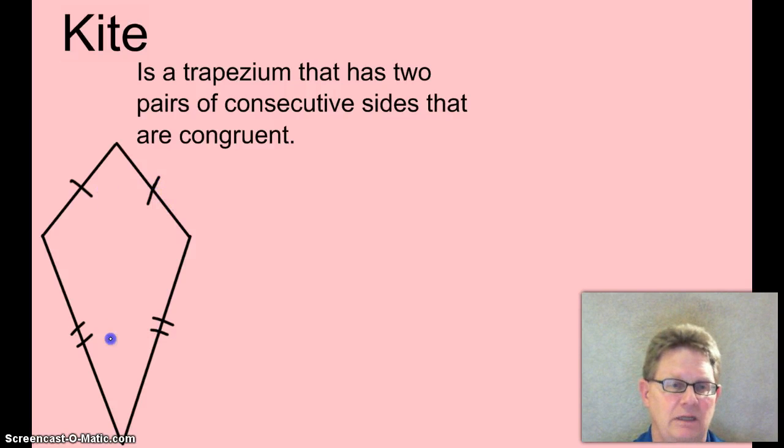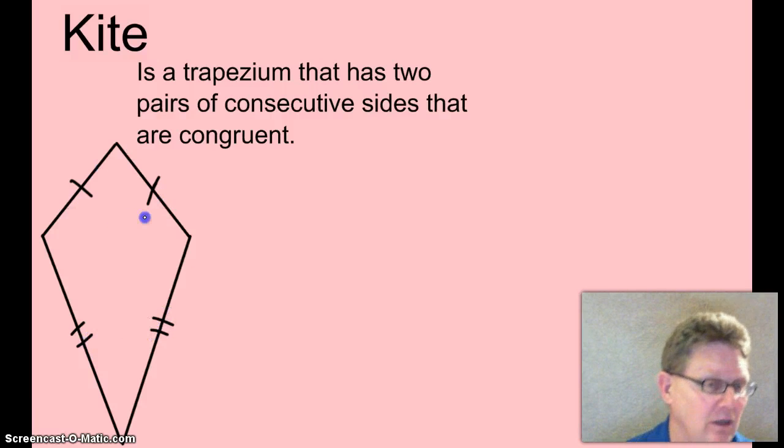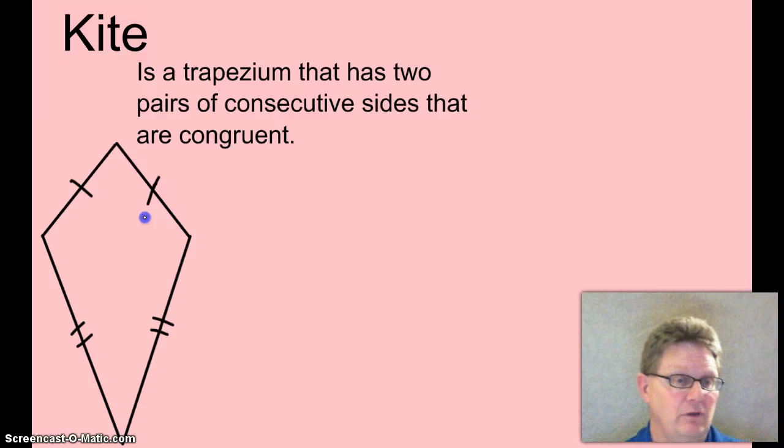But they have to be different sizes, because if these were all 1 tick marks or all 2 tick marks, then that kite would not be a kite, it would be a rhombus. But let me give you a clue. A kite is a rhombus wannabe. It really is. You know why?